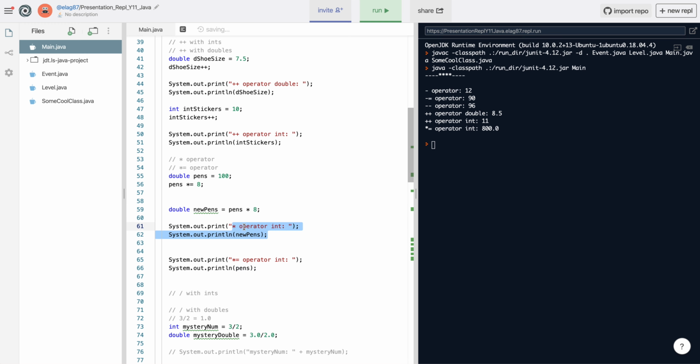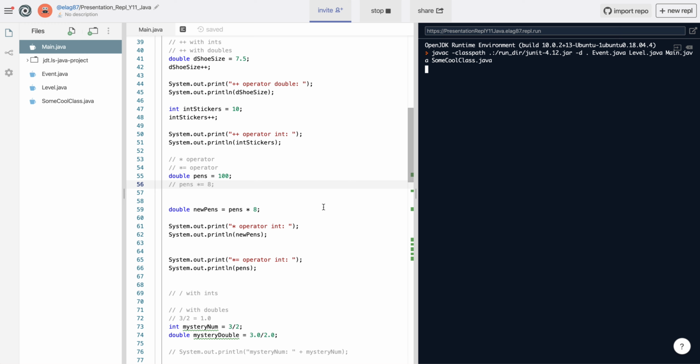So I would go ahead and print out just the multiplier operator. And in this case, we notice that we first multiplied this and equaled it to 800, and then we multiplied it again. So that's why we got 6,400. So if I comment that out, I would get the expected 800.